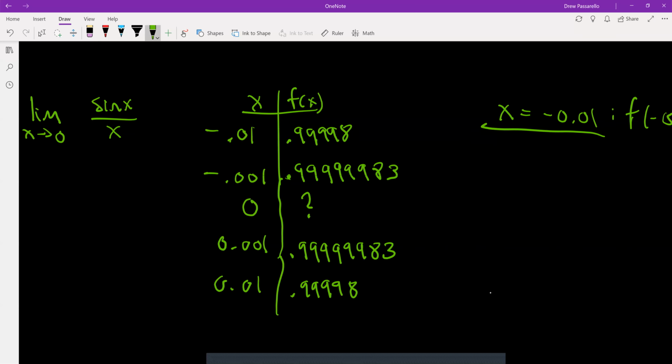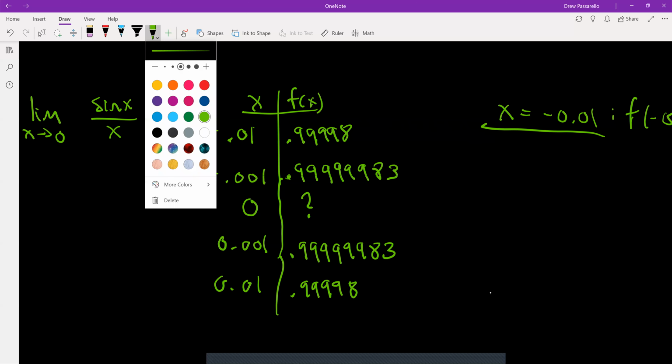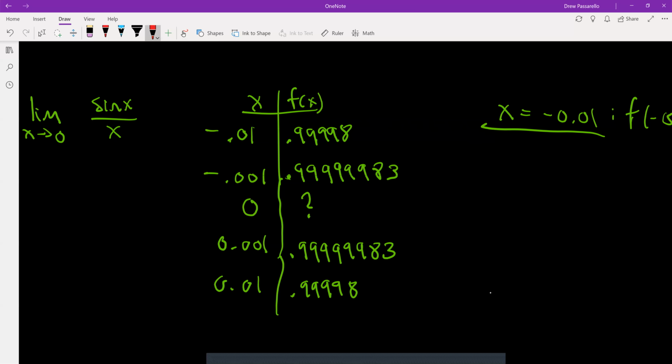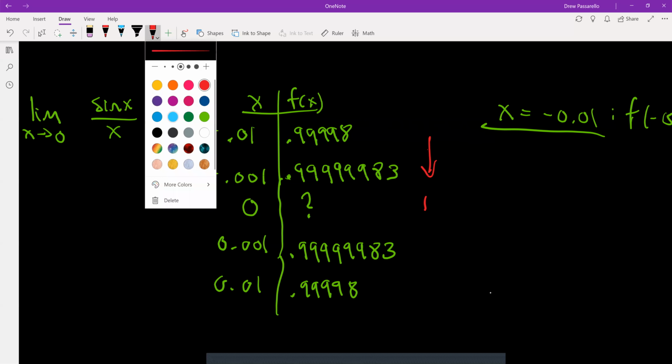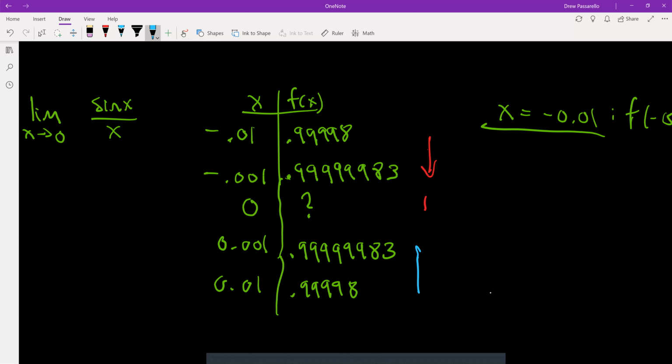And it looks like they're approaching either 0.9 repeating, or you could say 1. So it's getting closer and closer to 1. Okay, so that's getting closer to 1. And that's getting closer to 1.